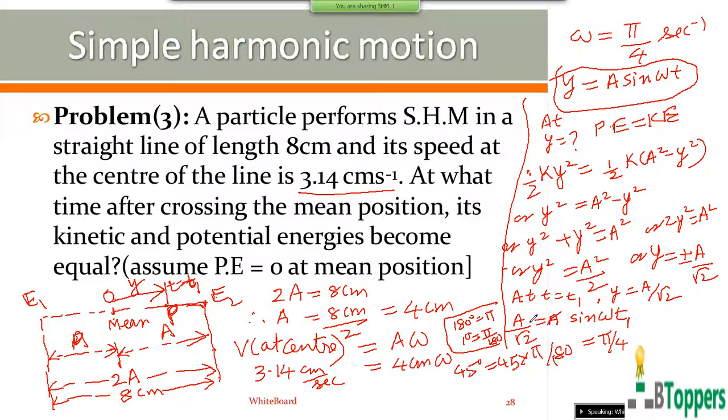So if we cancel a here, you get sine omega t1 equal to 1 by root 2. You can consider the first solution, omega t1 equal to pi by 4.